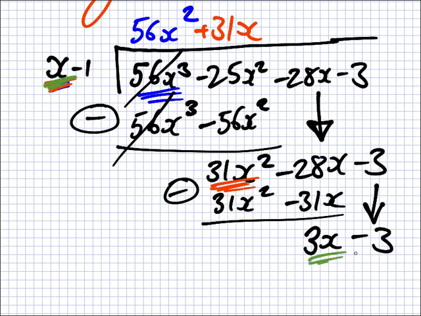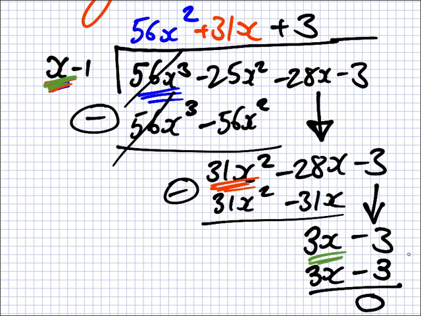X and the 3x, what will we need? We'll need 3. Carry out the multiplication. We get 3x minus 3. Carry out the subtraction. We get 0. Nothing left to carry down, so we're finished.